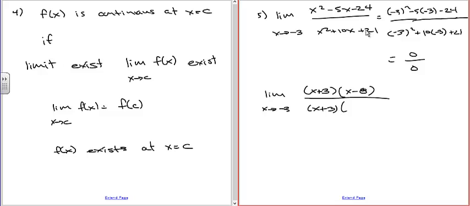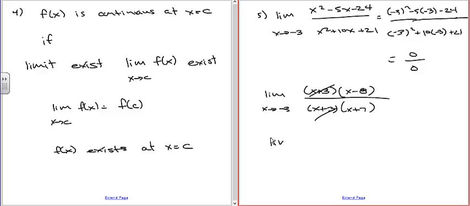What number times 3 is 21? The answer is 7. And you can see if I multiply this out, I'll get x squared plus 3x minus 8x, which is negative 5x. And then 3 times negative 8 is negative 24. And you get x times x is x squared, 3x plus 7x is 10x, and 7 times 3 is 21. Okay, so we'll cancel those out.